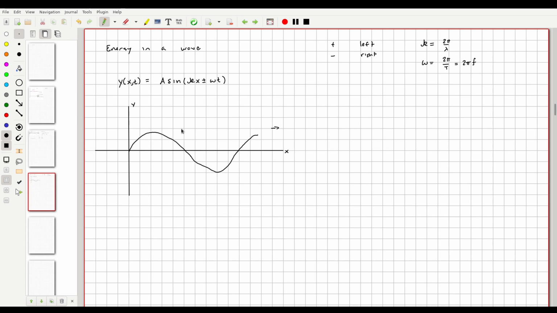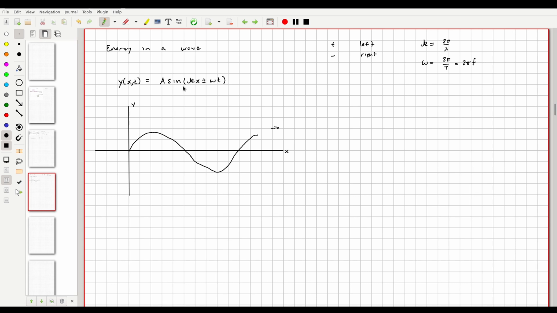Now, we can model the tension inside the string as that of a spring. If you remember our first lecture showing you that the solution for uniform circular motion, for a spring and also for a pendulum, they all have the same solution in one dimension.